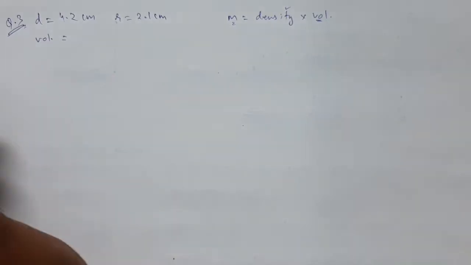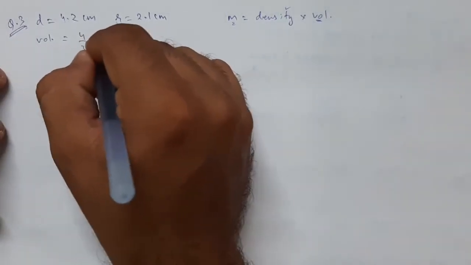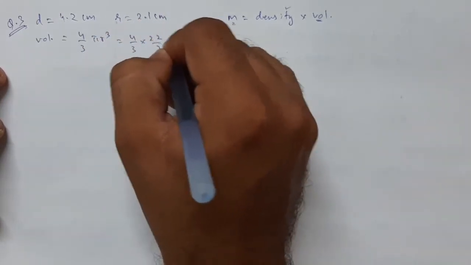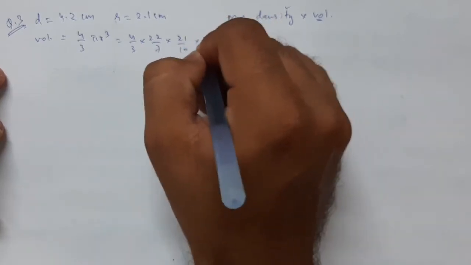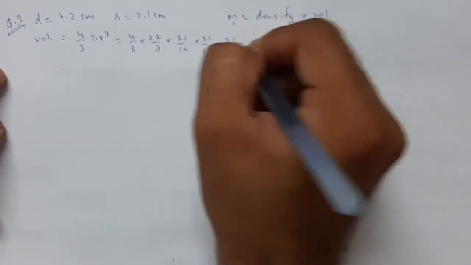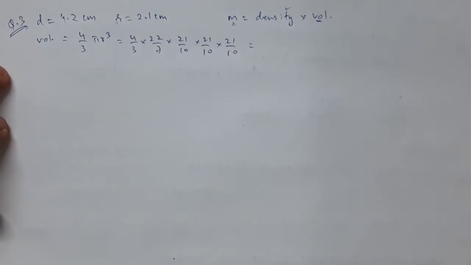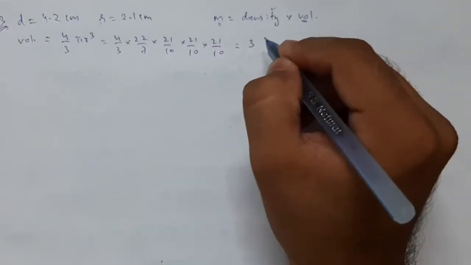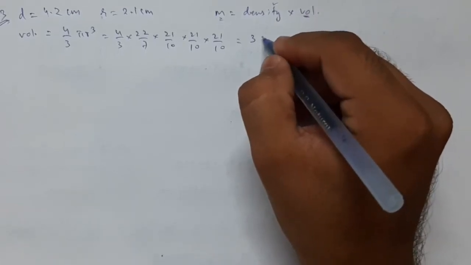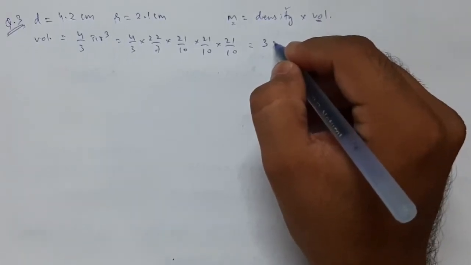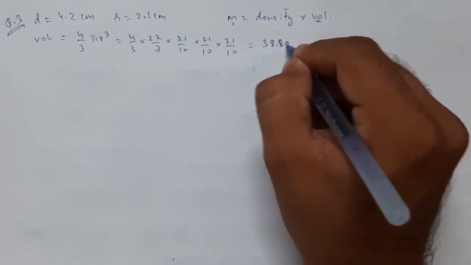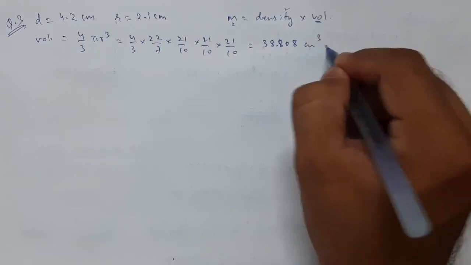So volume is equal to, as it is a spherical metallic ball, so 4 by 3 pi r cube, that is equal to 4 by 3 into 22 by 7 into 21 by 10, 21 by 10, 21 by 10. That is equal to 38.808 cubic centimeter.